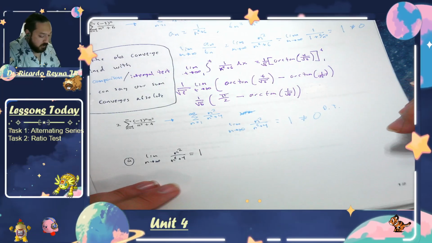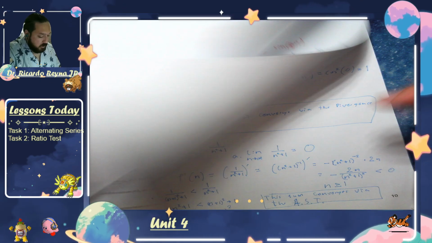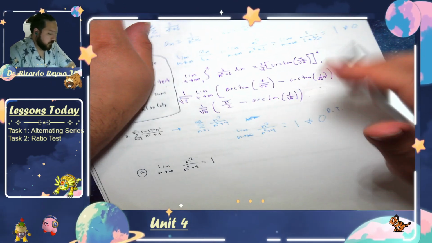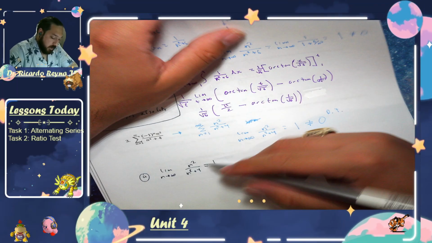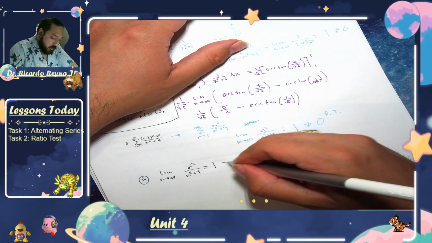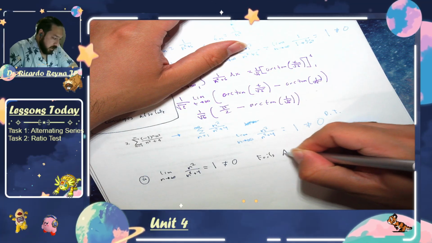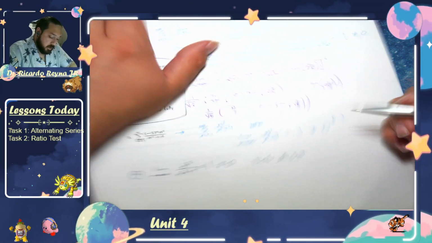And is it steadily decreasing? Technically it is, but either way, we know that it equals 1, which does not equal 0, which fails the AST.